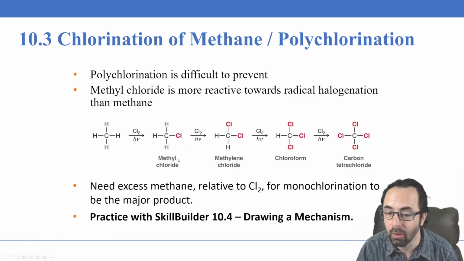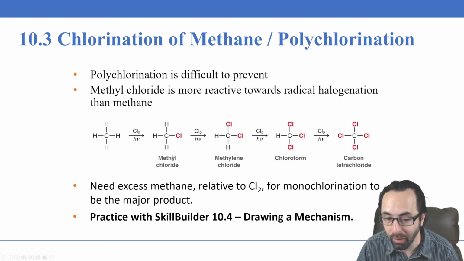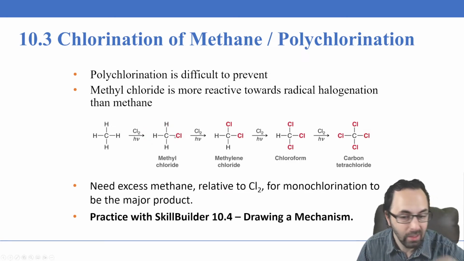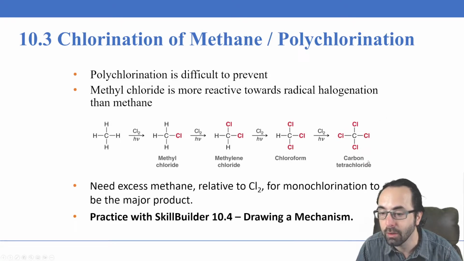In general, it's very difficult to halogenate a hydrocarbon just once, because if we have a lot of chlorine, we can add a chlorine once to the methyl chloride, but that can itself react in the radical chain mechanism, and there can be a hydrogen abstraction, then a halogen abstraction, and we can get another chlorine, and then we can add another chlorine and another chlorine.